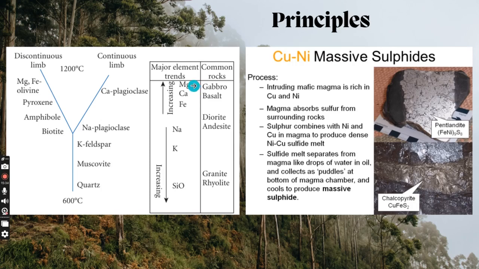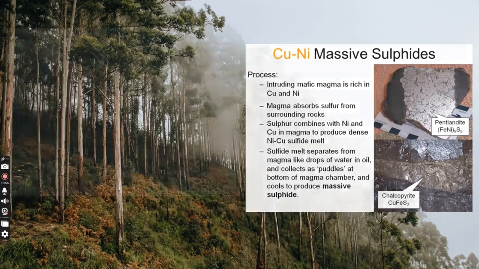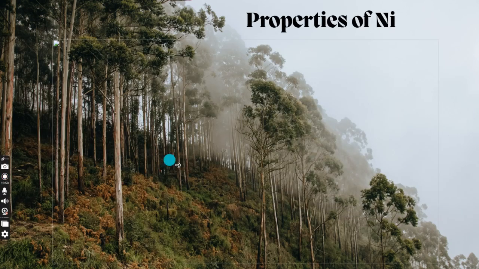So initially Mg, Ca, Fe and nickel will be accompanied. Overall, mafic magma rich in copper and nickel is a must, and of course the magma has to absorb sulfur from the surrounding area, as I have mentioned. These things I have already mentioned.